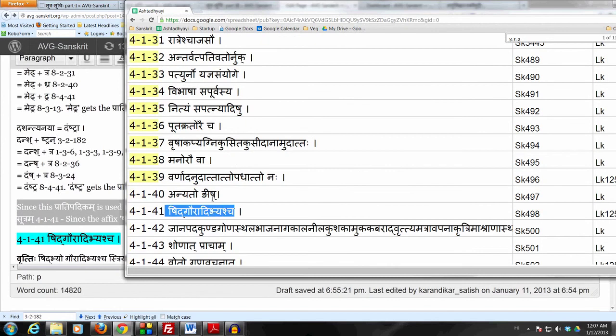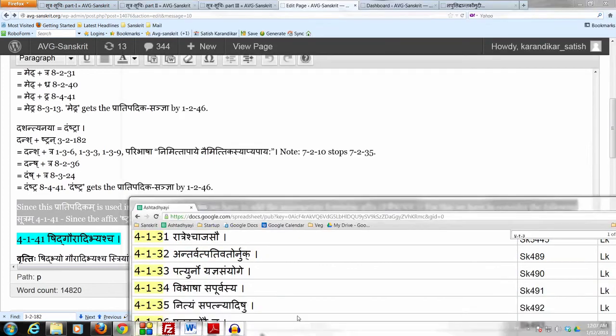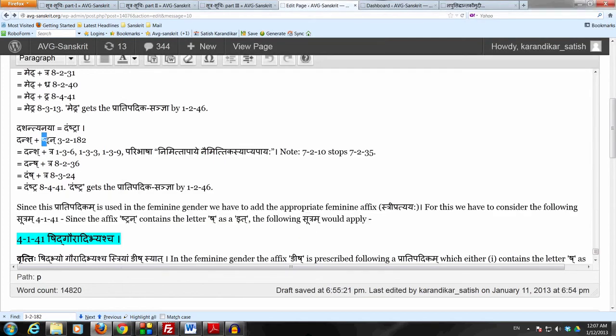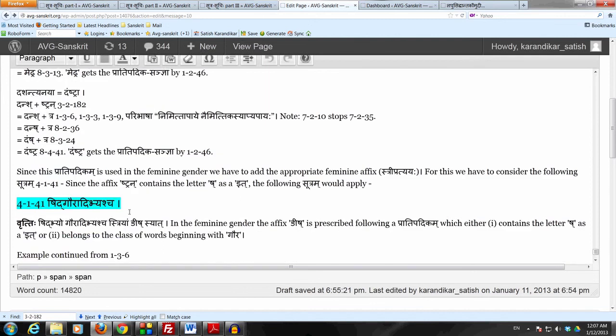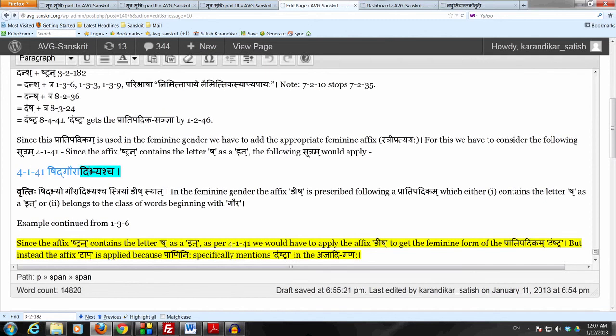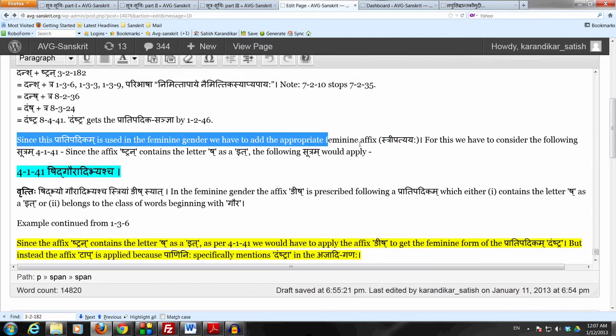So we have to take into account this sutram because the affix shtran contains the murdhanya shakara as an it, and since damshtra ends in this affix shtran, we definitely have to consider this sutram 4 1 41 shidgaurAdibhyashcha. So this is the next sutram which we will take, because we want to decide which feminine affix to use in order to get the feminine form from this pratipadikam damshtra. So we'll take 4 1 41 as the next sutram.